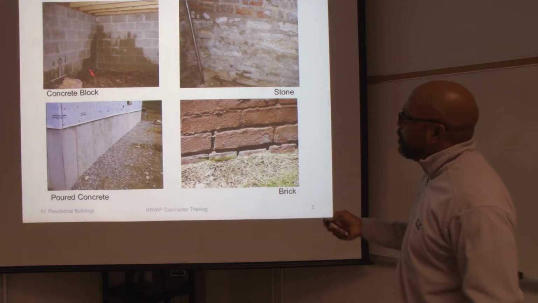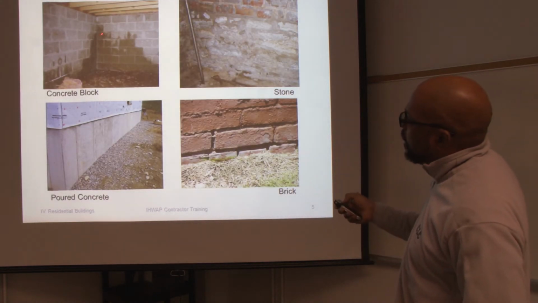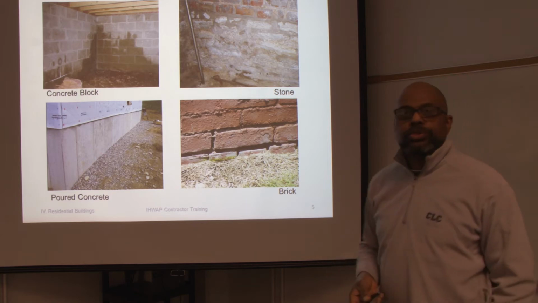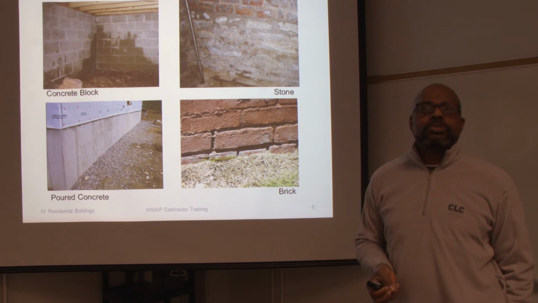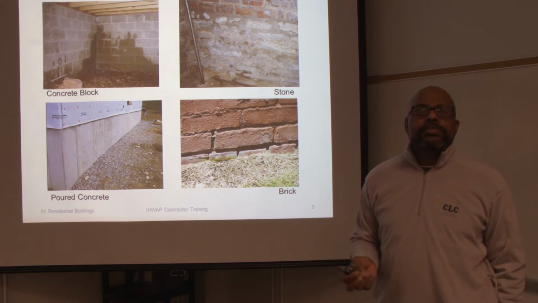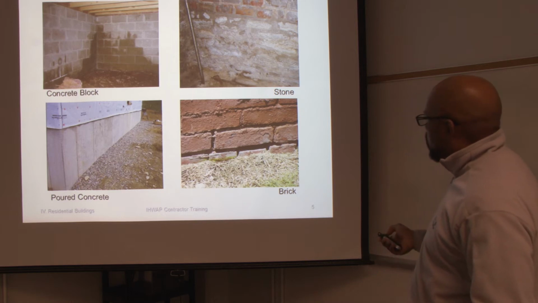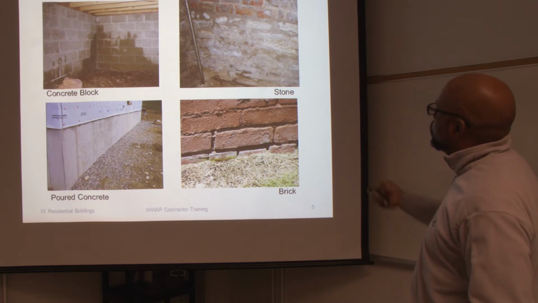These are different types. These are block walls, and you can see some problems with that, moisture seeping through. This is concrete poured walls, which is fairly new for most construction these days because it's a stronger wall and it can withstand a great deal of weight. Of course, they could be brick or stone walls.